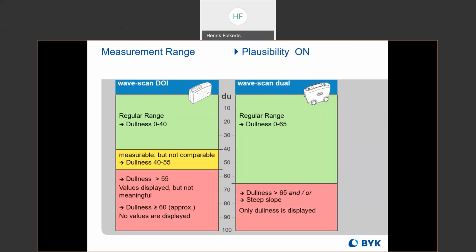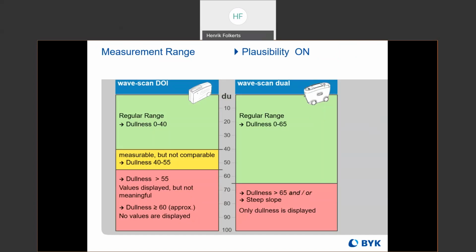If the dullness gets too high, the measurement principle of the wave scan sort of breaks down, and you don't get good measurements at a very high dullness range. So traditionally, the optimal range for measuring surfaces with the wave scan was up to a dullness of 40. And you could measure surfaces between a dullness of 40 and 55 if you turn a property called plausibility off.